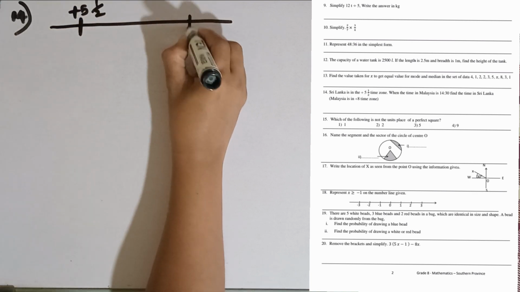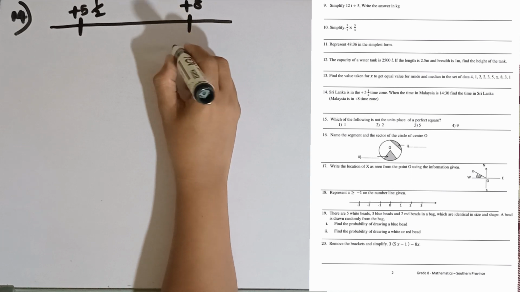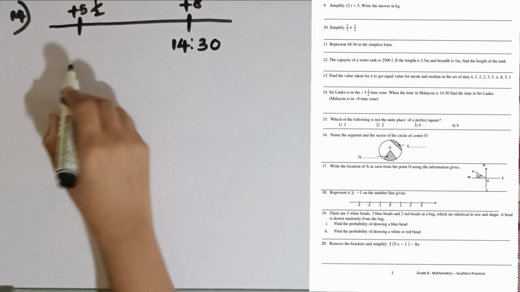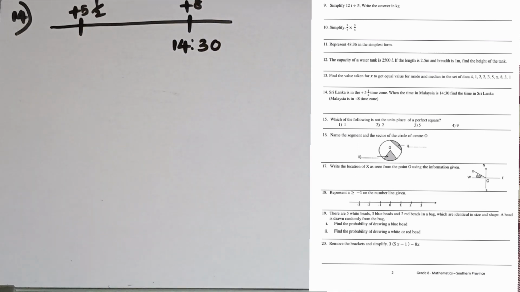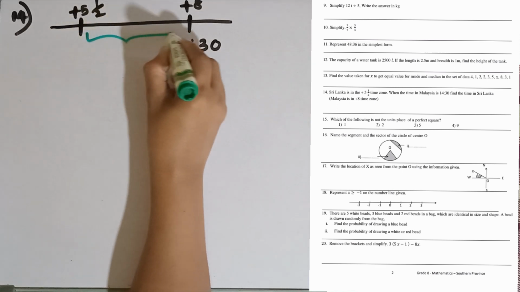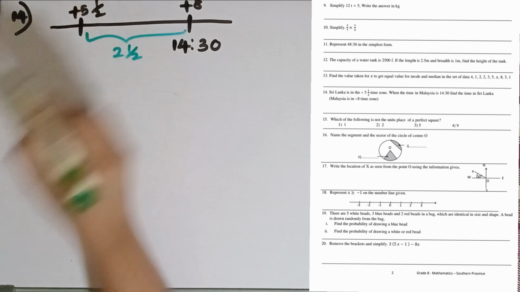Then Malaysia is here plus 8. Then the time in Malaysia is 14 hours 30 minutes. Then what is the time difference between the two countries now? 2.5. The difference is 2 hours 30 minutes.